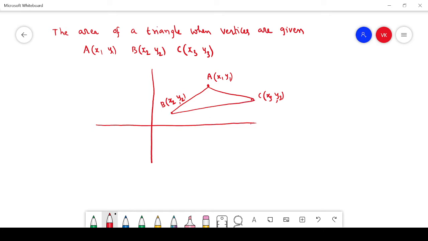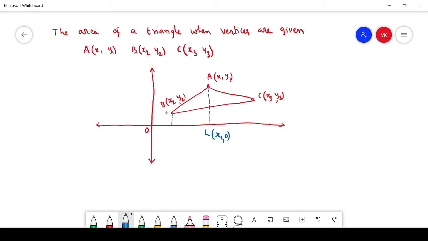Now, this is the positive x-axis, this is the negative x-axis, here the negative y-axis and positive y-axis. This is the origin. Draw a perpendicular from A to the x-axis, call it L. Because it lies on the x-axis, its coordinates are x1, 0.